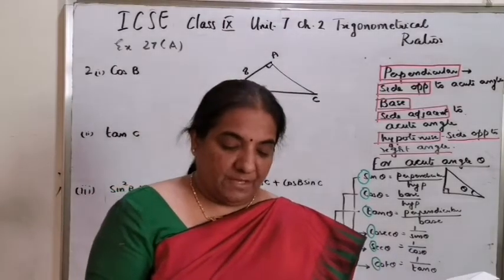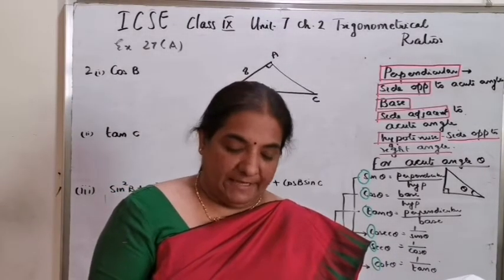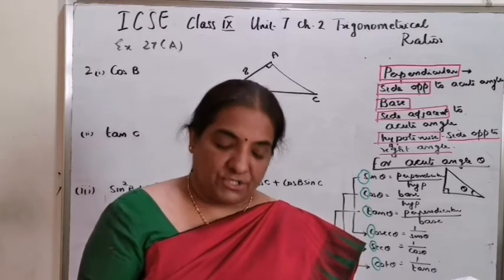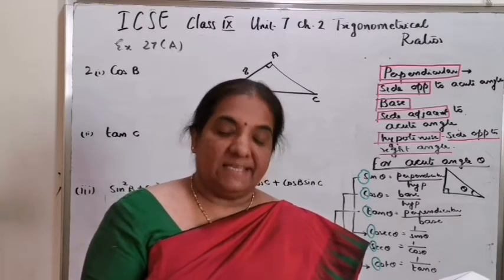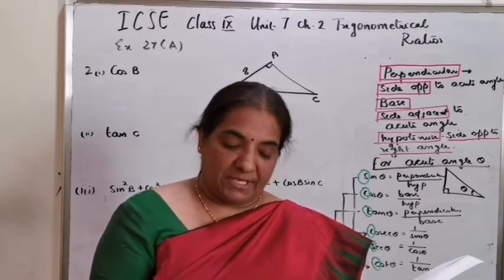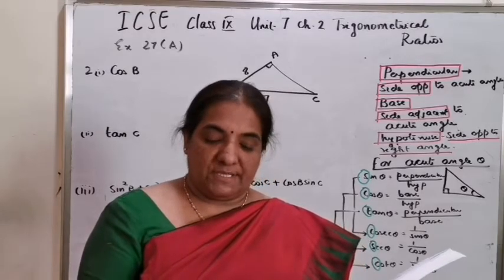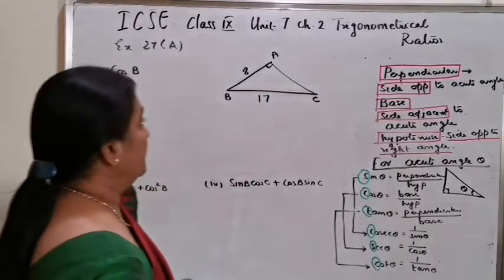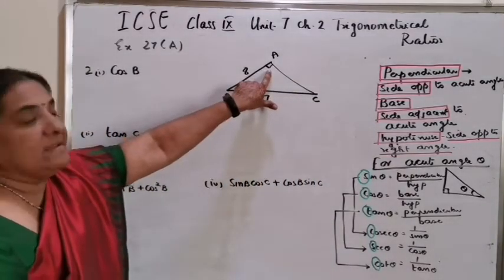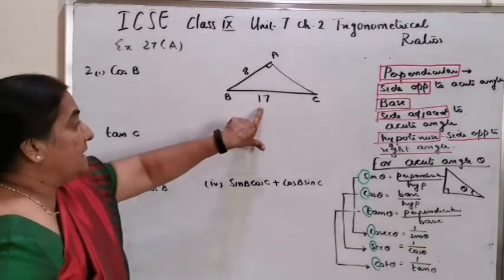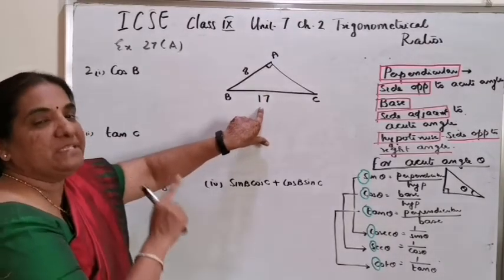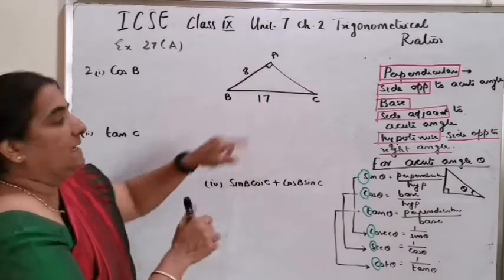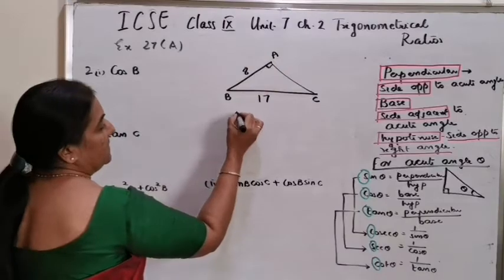Question 2. From the following figure, find the values of cos B, tan C, sin square B plus cos square B, sin B cos C plus cos B sin C. The figure has angle A as 90 degrees, which shows that BC is the hypotenuse and BC will be the longest length. How to get the AC measure?